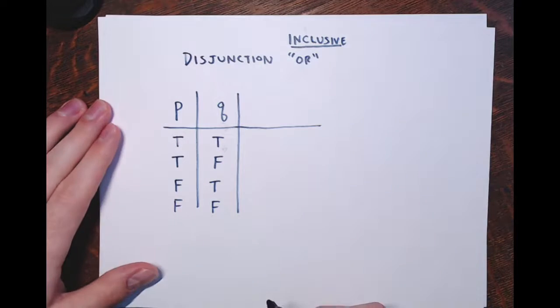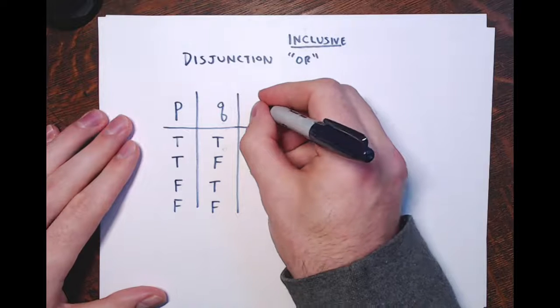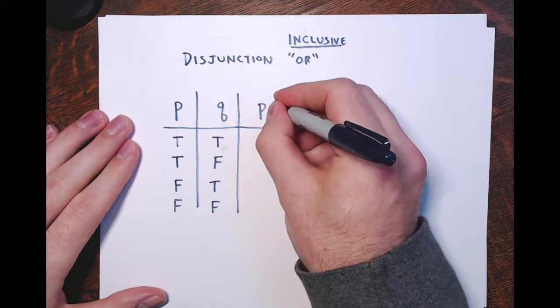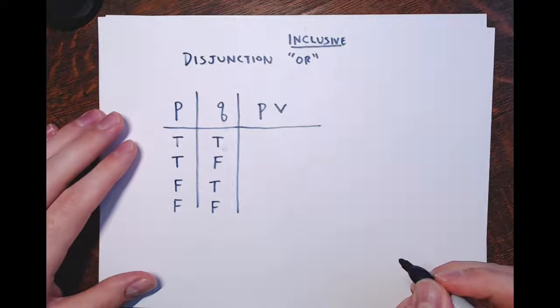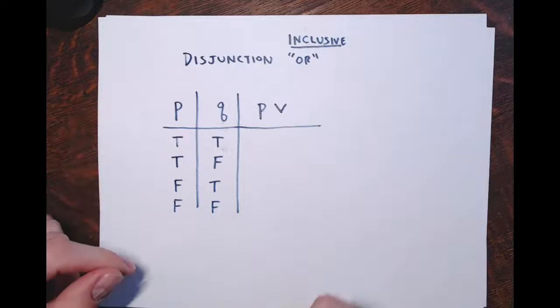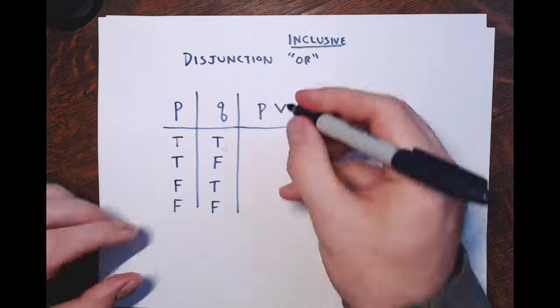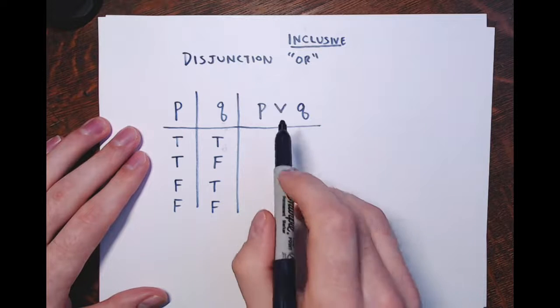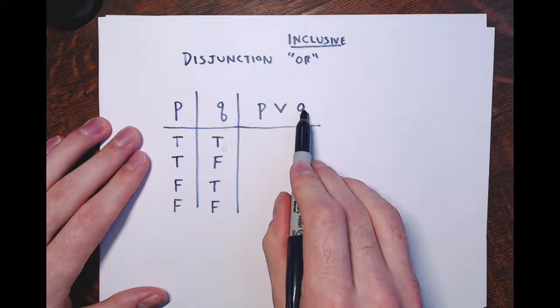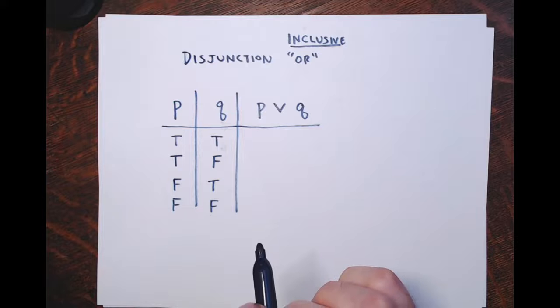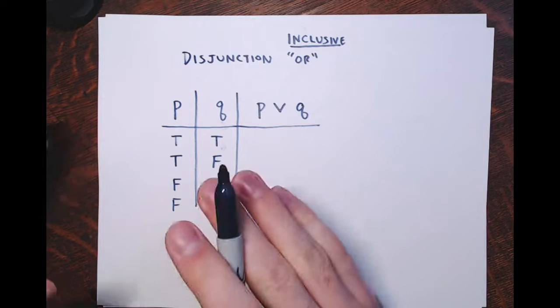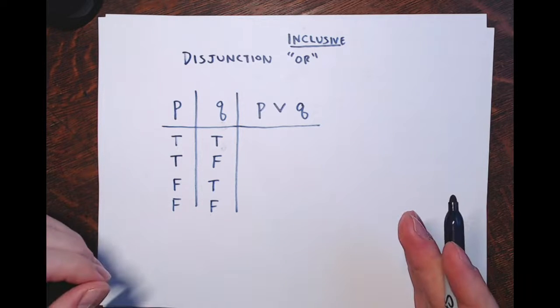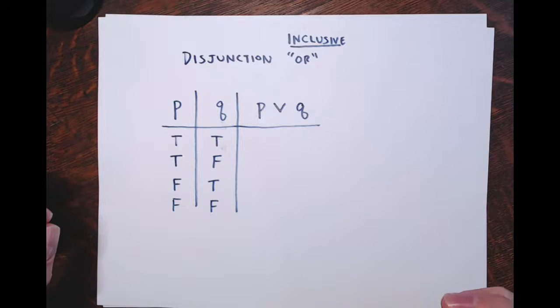Then for the third column, I do the disjunction, P, and again it's upside down, like a V shape. Just flip the conjunction symbol over, and this is P or Q. A statement P or Q is true when P is true, or when Q is true, or when both are true.